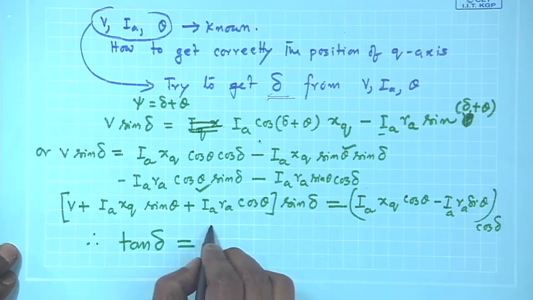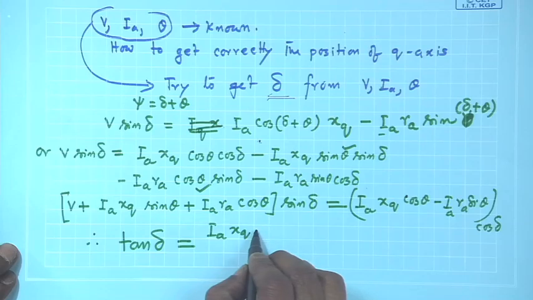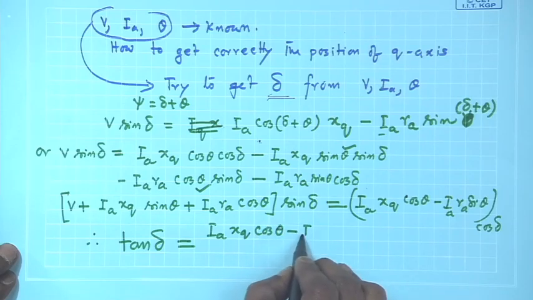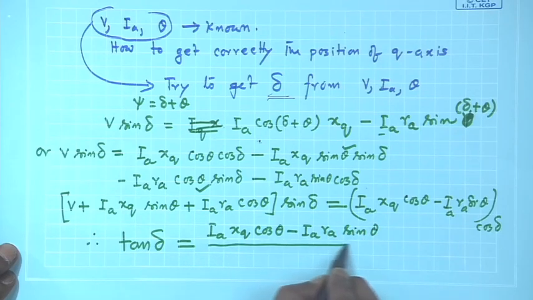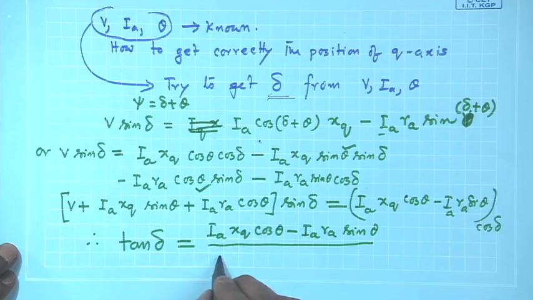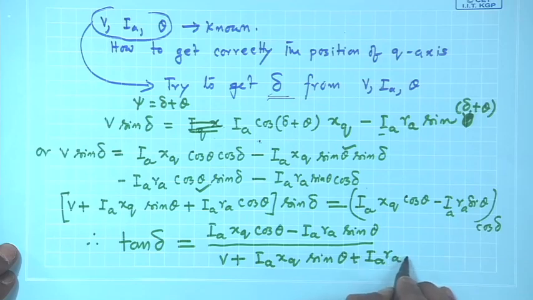So, tan delta will be equal to I A x q cos theta minus I A R A sin theta, divided by this whole thing, that is V plus I A x q sin theta plus I A R A cos theta.